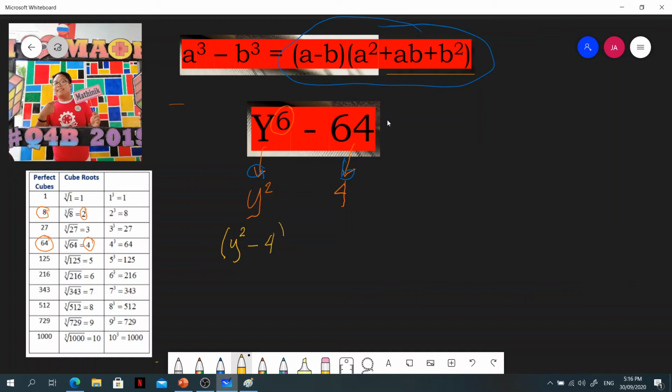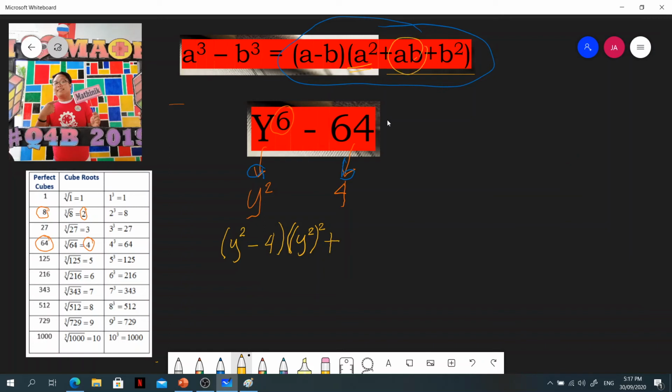Y squared minus 4. Tapos, eto, A squared. Ano yung A squared natin? Y squared. So, Y squared, squared. Okay? Kasi A natin Y squared eh. So, squared pa natin siya. Plus, ano yung AB?